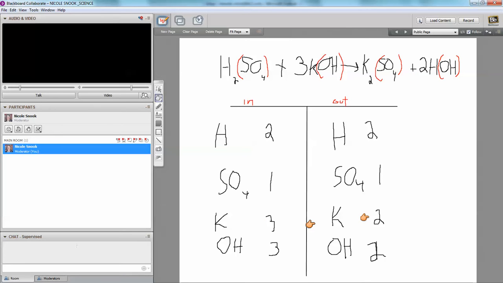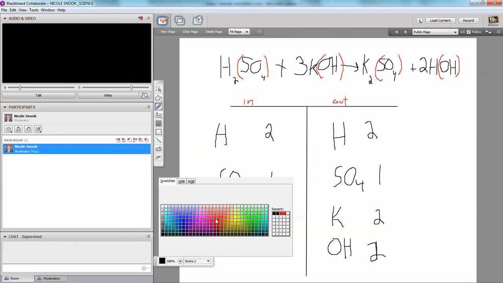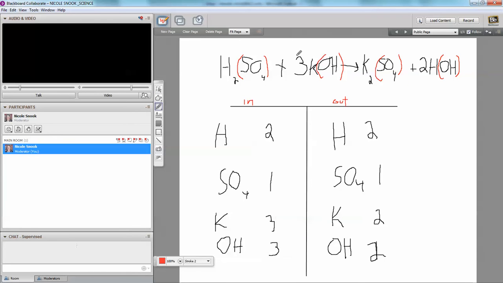And you need to adjust your coefficients accordingly so that they match on both sides. In order to do that, you just cross out your coefficient here, make it a 6, and cross out your coefficient here, make that a 6, and let's see what that does to the equation.